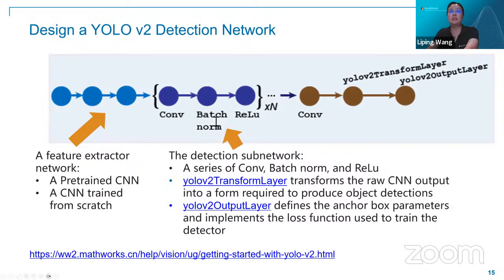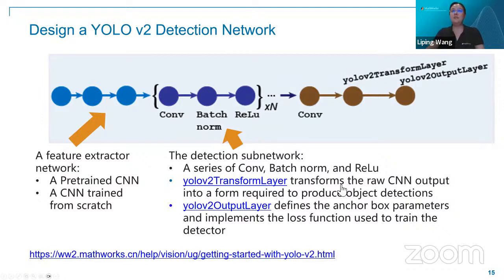It consists of a series of convolutional layers, batch normalization layers, and ReLU layers. Here, the batch normalization layer is used to stabilize training, speed up convergence, and regularize the model. These layers should be followed by 2 special YOLOv2 layers. The first one is called the YOLOv2 transform layer.